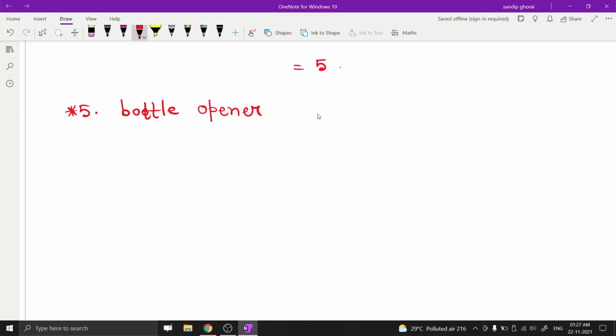A bottle opener is a class 2 lever, and suppose the length of the bottle opener is 200 centimeter. For a bottle opener, one end is the fulcrum and the other end is the effort, and the load is placed in between them.